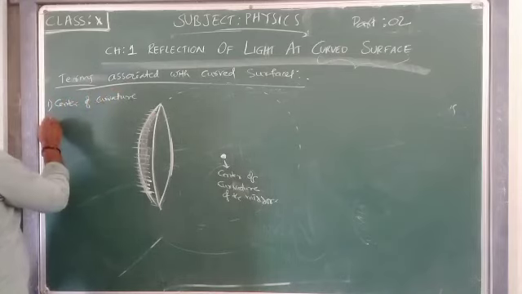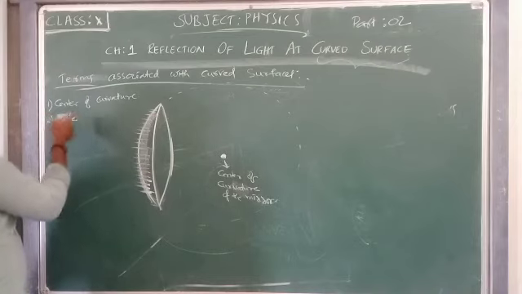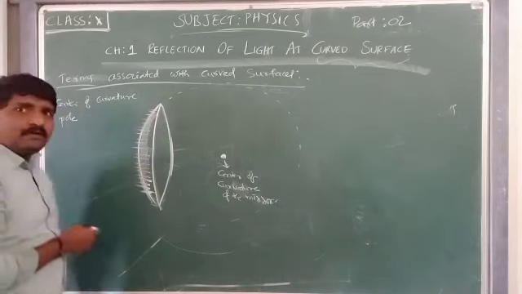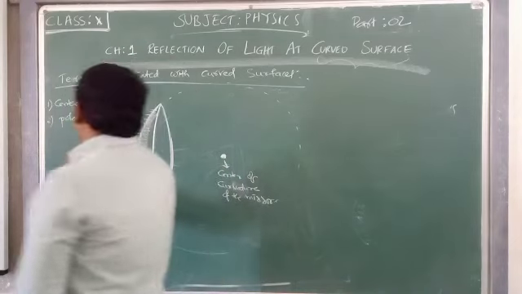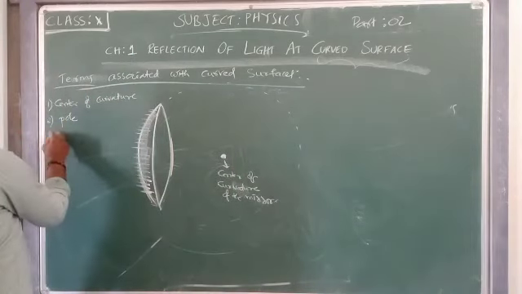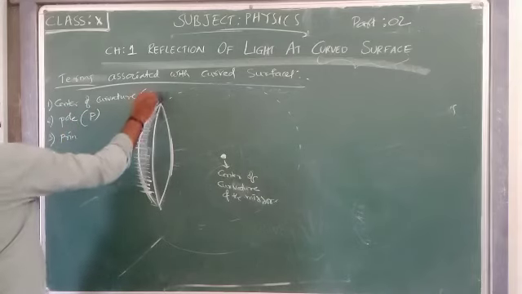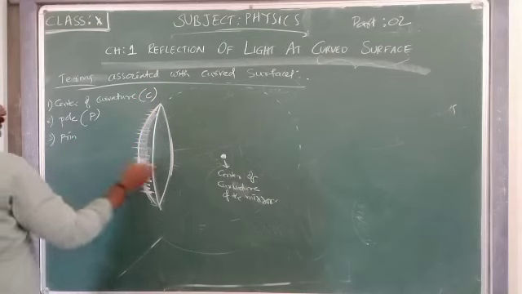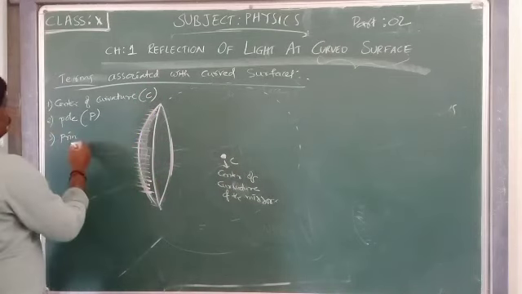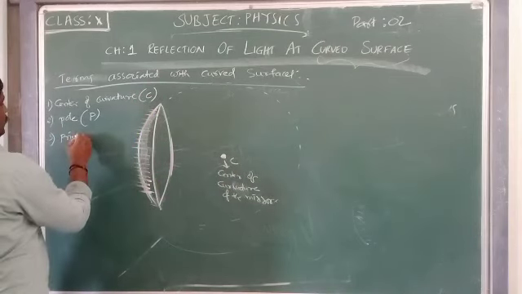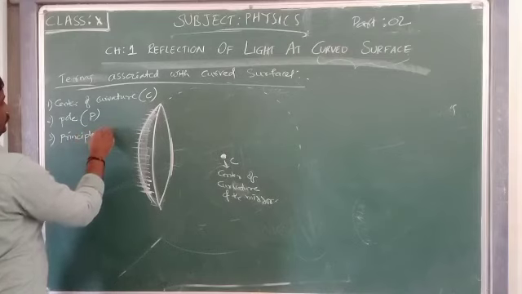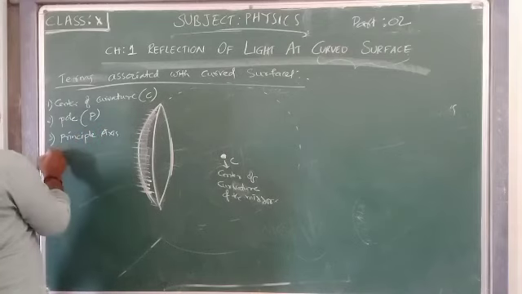Center of curvature. The second one we are calling pole. What is meant by pole? We are going to discuss what is pole. Next we are talking about principal axis. Pole, capital P. There is capital C. Principal axis.